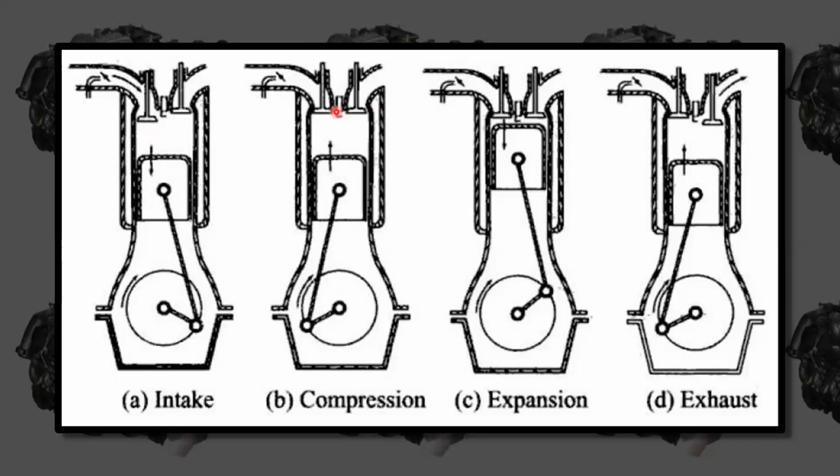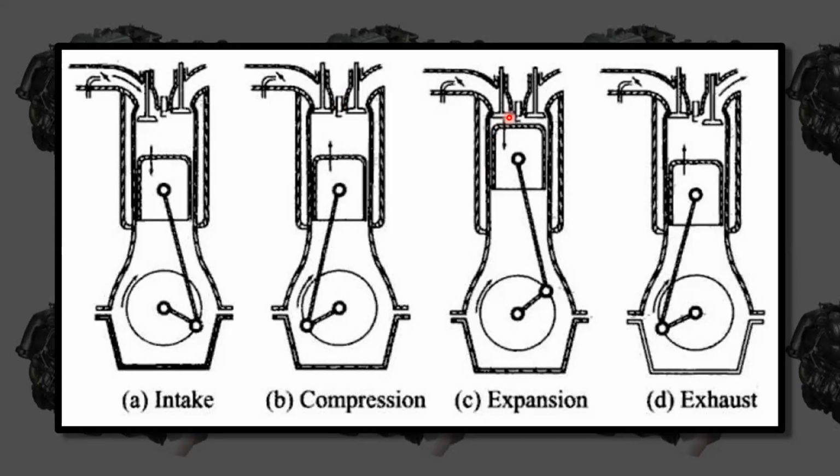They won't allow any air to come in or any residual gases to get out. These are the valves, this is one valve and this is another valve, and these two valves are going to be in closed position. And the piston moves from bottom dead center to top dead center, that is the compression. And next coming to expansion.